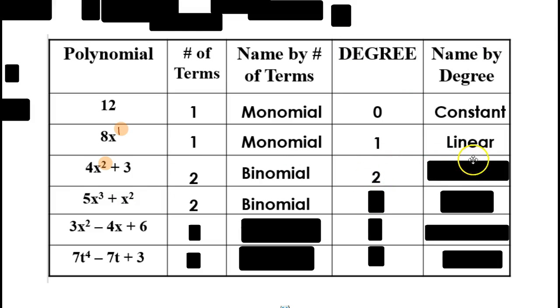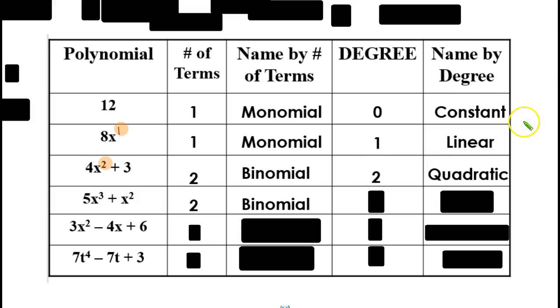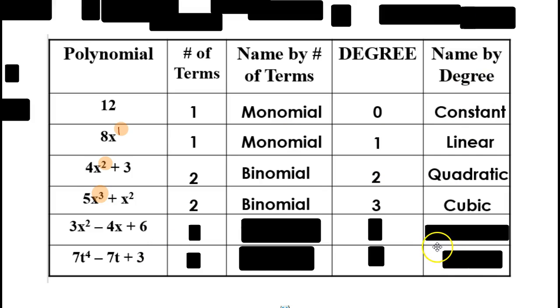And if the degree is 2, then it's called a quadratic. We should be fairly used to quadratics after the last unit. If the biggest exponent is a 3, then it has a degree of 3, and we would call it a cubic. Okay.